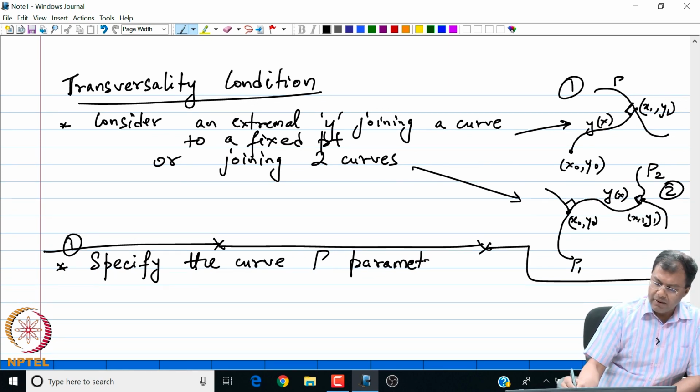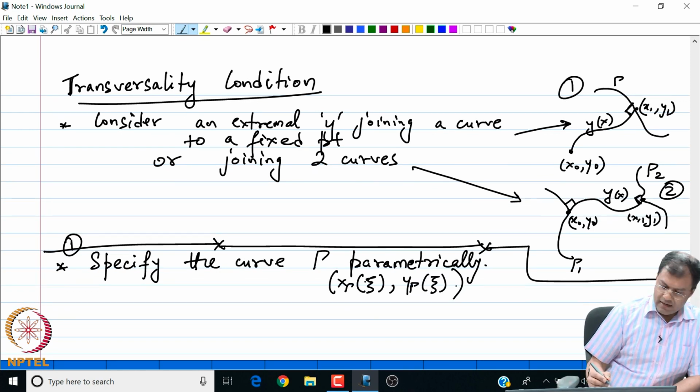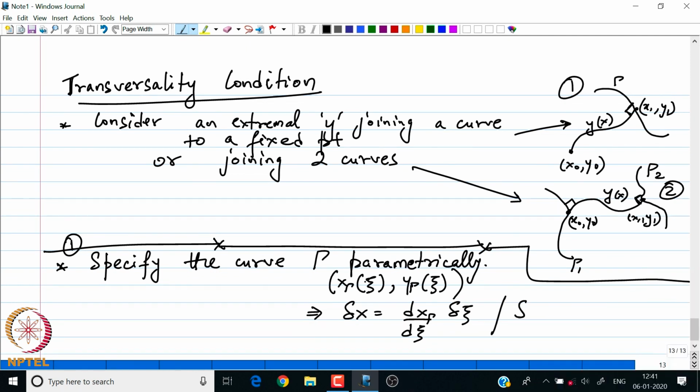So, let me call this the curve with components x gamma of xi, y gamma of xi, which means my variation delta x, since they are all lying on the curve, is dx gamma d xi times delta xi, and my variation delta y is dy gamma d xi times delta xi, right.